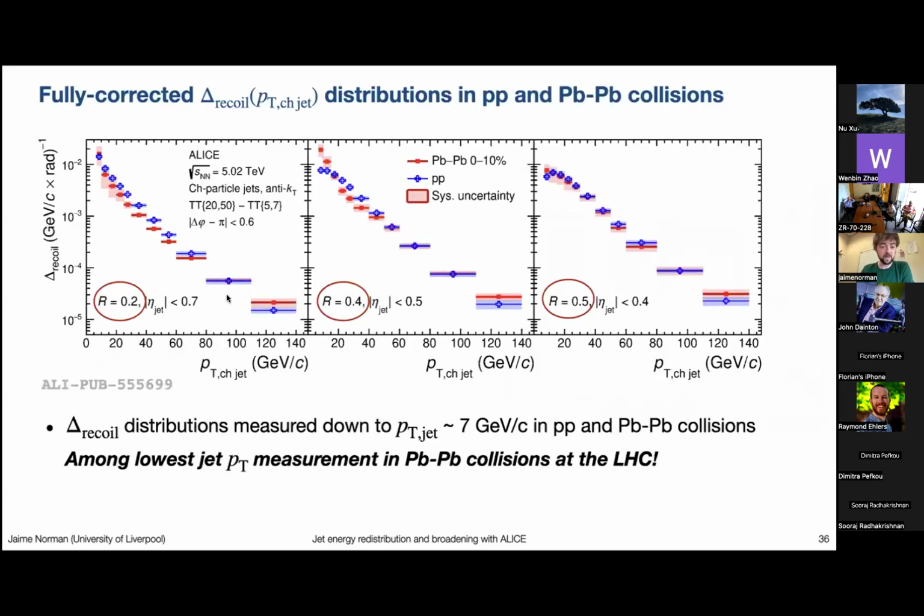So first, here we can see the fully corrected delta recoil distributions as a function of the jet PT in both proton-proton and lead-lead collisions.